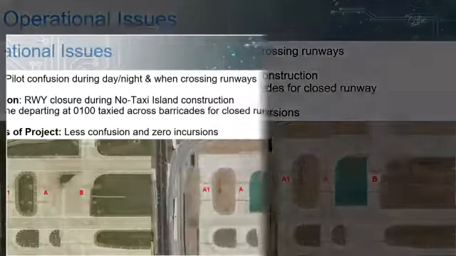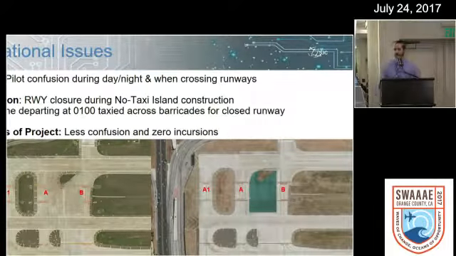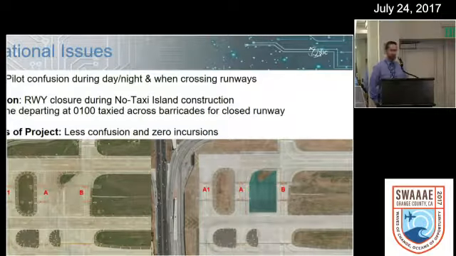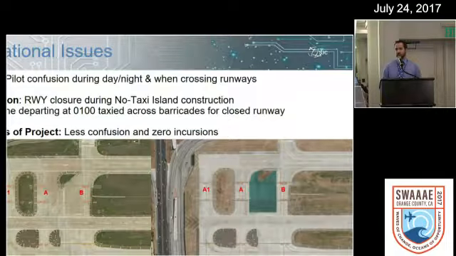So the operational issues that we did have with that piece of pavement was a lot of pilot confusion. As Renju mentioned at the beginning, I'm a pilot myself. I've worked out there in ops before. It's extremely confusing, especially at night when there's a lot going on out there, or even crossing runways, that type of stuff.